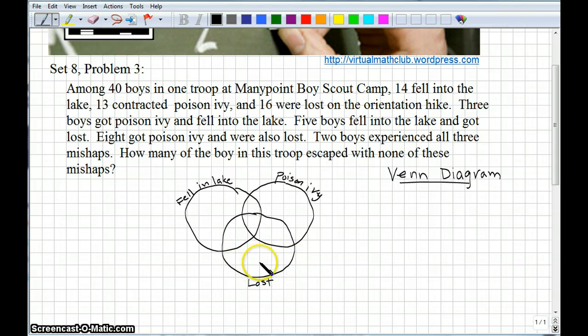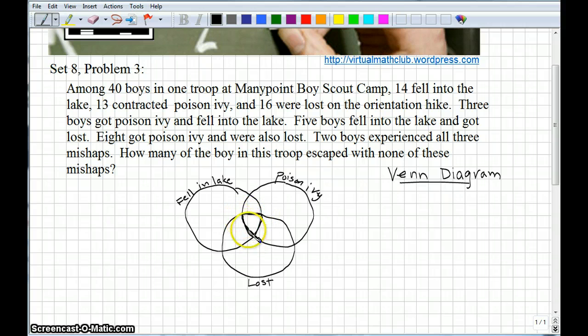We know that some of the boys got lost and fell in the lake, so that's represented here in the overlapping part. Some of the boys got lost and got poison ivy, and so that's represented in this overlapping part. And then some of the boys actually had all 3 things happen to them, and that is represented by the intersection of all 3.